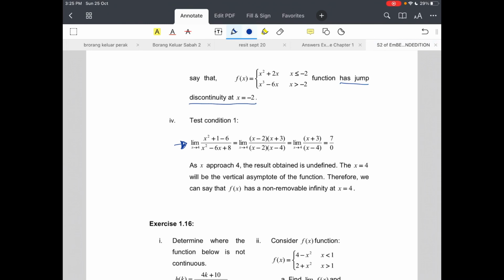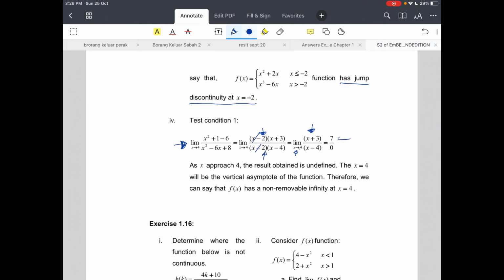In this example, this is a fraction, polynomial, or rational function. So you need to factorize it at numerator and denominator. We can see that we have the same common factor, which is x minus 2. So we can cancel it out. What's left is here, and then we just straight away plug in x approaching 4.